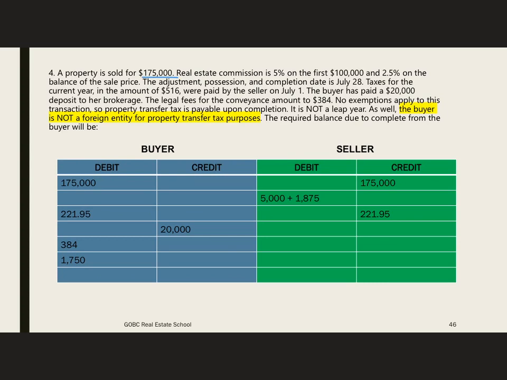So you just add up the credits and subtract the debits because it's asking for the balance due to complete from the buyer.